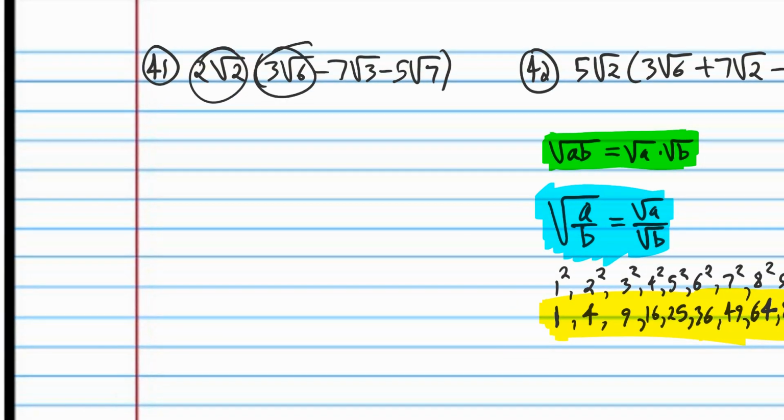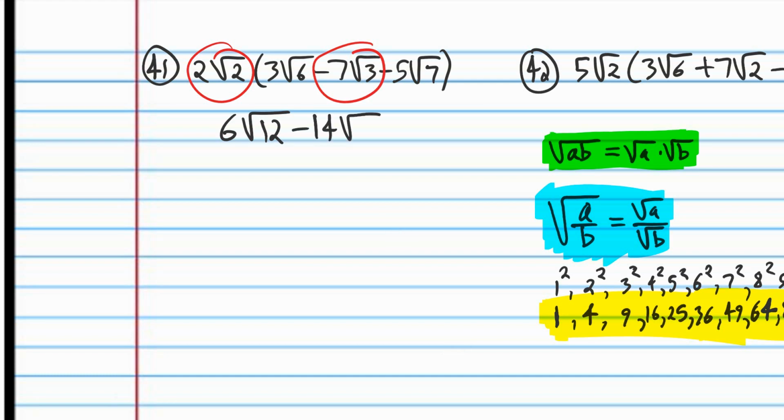So 2 root 2 times 3 root 6 is 6 root 12. And 2 root 2 times negative 7 root 3 is negative 14 root. Actually, you know what?